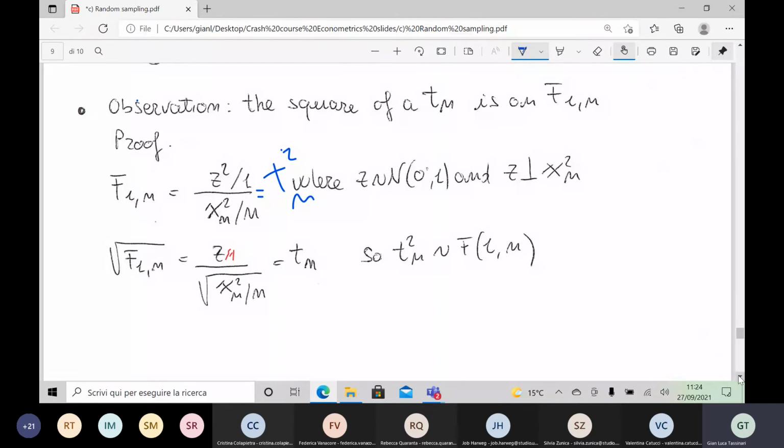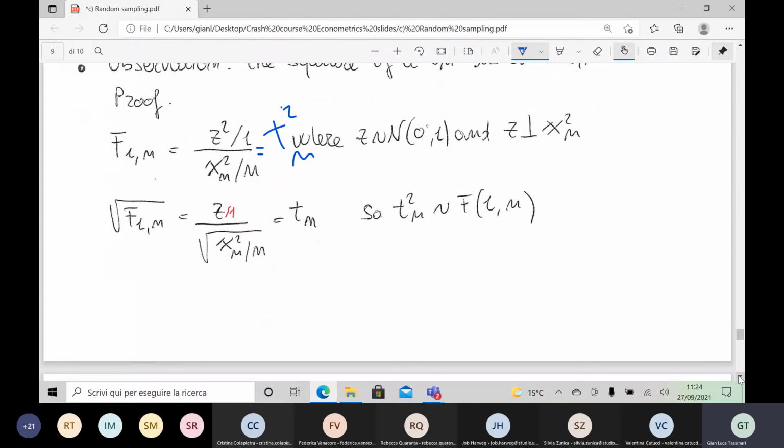Okay, guys. So for the moment, I've shown you 4 fundamental results. All the results we got have been obtained by assuming that the population, think of cases A, B, and C, was normal. In case D, the last one we studied, we had 2 populations, and we assumed that both were normal.